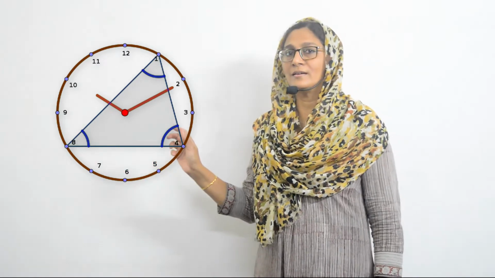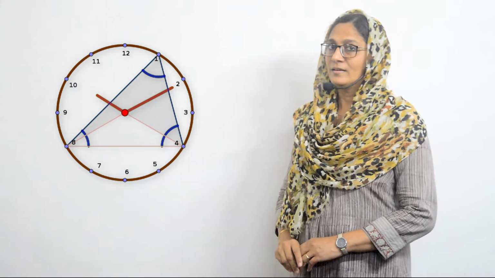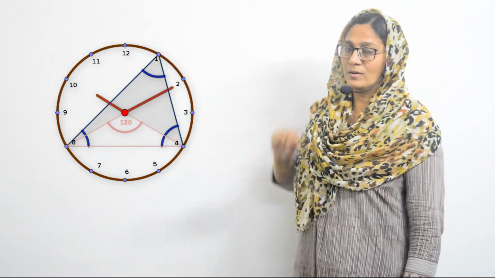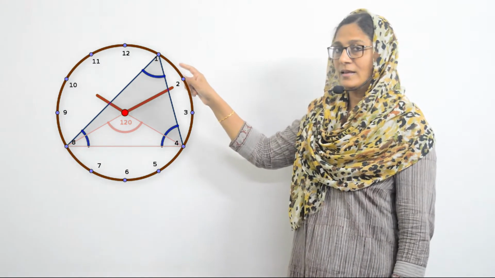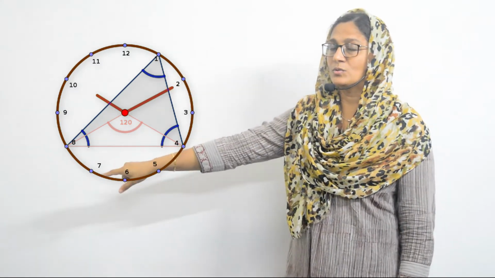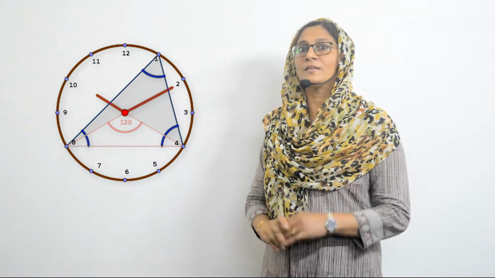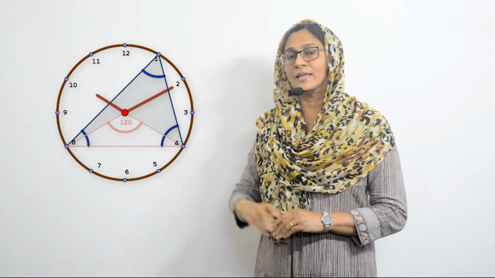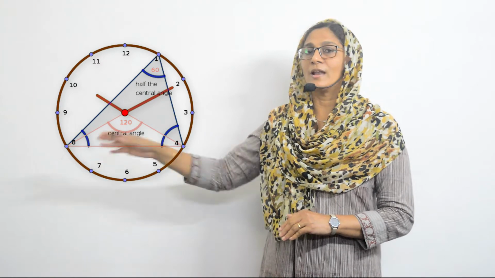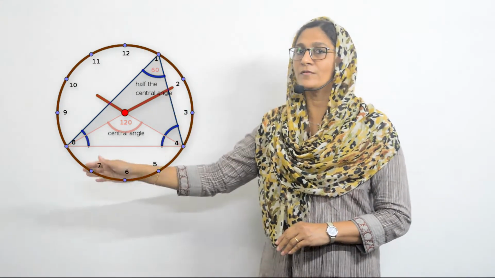The central angle of 4 to 8 is 120. Now look at the top angle of the triangle. Isn't it in the arc alternate to the 4 and 8 arc? So then we have the result that the angle in an arc is half the central angle of the alternate arc. So that will be half of 120, that is 60 degrees.